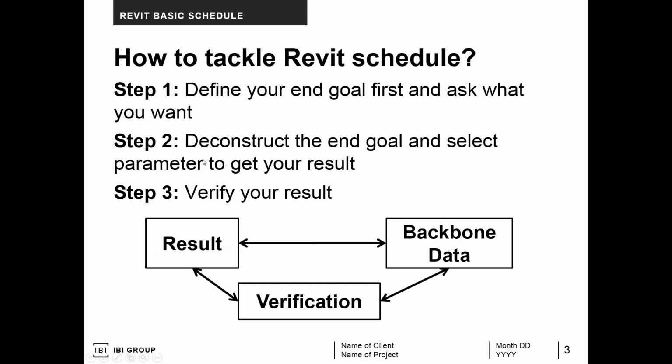The next step is to deconstruct the end goal and select the parameters to get your result. So basically you get your result first, then deconstruct it and ask what you need to achieve it. Step 3 is to verify, making sure that whatever you see on your model is the same as your result. It's just a simple thing.